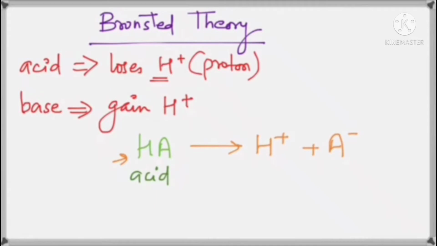Now if you take a look at the reverse process of this reaction, and let us draw the arrow like this. The species A minus gained a proton to form HA. That's why we call A minus a base. And because this HA and A minus differ only by an H plus, they are said to be the conjugate of each other.